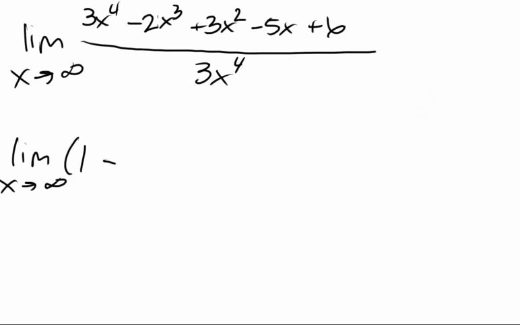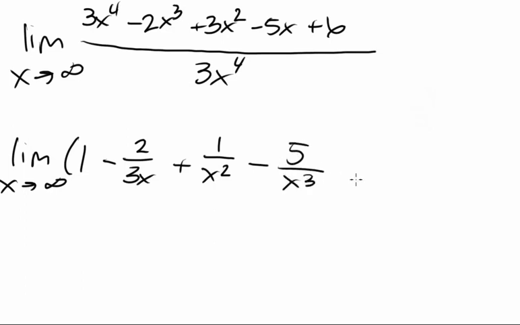Minus this over this, so it's going to be 2 over 3x plus, so the 3's cancel out, so then we just have 1 over x squared minus 5 over x cubed plus 2 over x to the 4th. All right, so we split it up into individual ones.